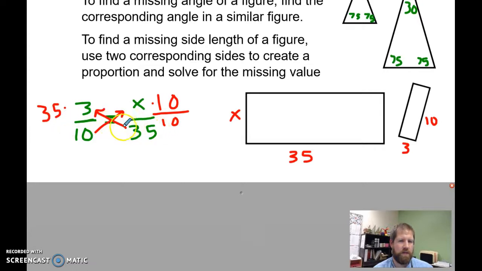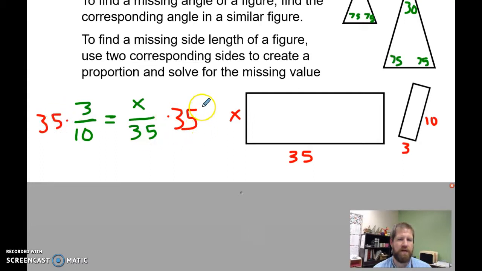You're doing the same thing with more steps than if you had just come back to the start and multiplied both sides by 35. Multiply both sides by 35, those cancel, and I've got 35 times 3 divided by 10.